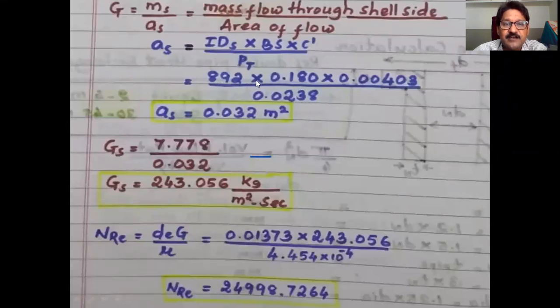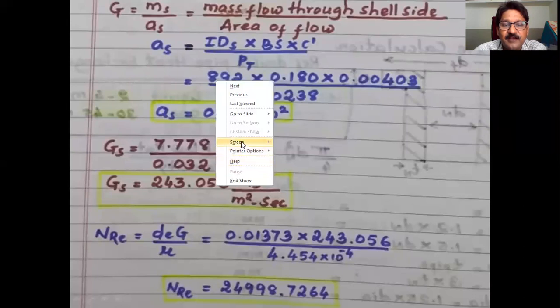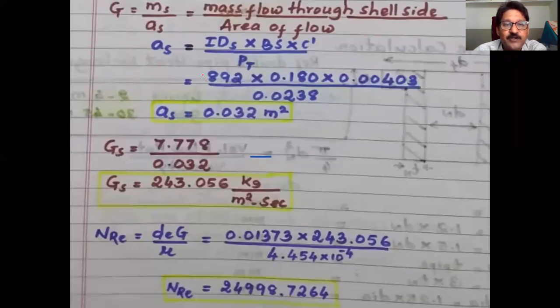We are substituting all the values. See here, it is written in mm, but it should be in meter. By mistake I have not written this in meter. So all should be in meter: 0.892 into 0.180 into 0.00403 into 0.0238.